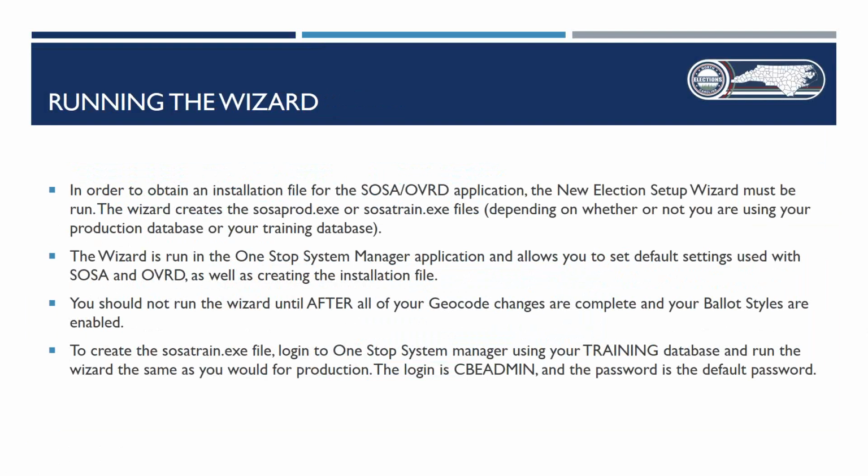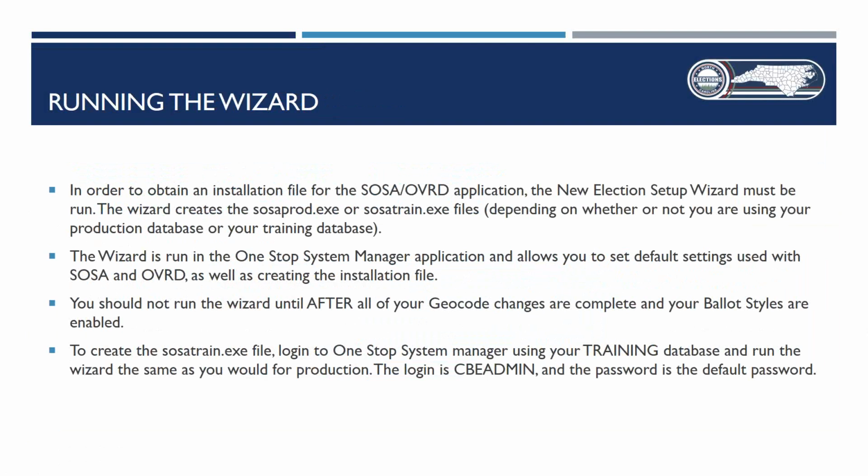You should not run the wizard until after all of your geocode changes are complete and your ballot styles are enabled. I think the majority of you know that already, but we can't stress that enough. If you have to make geocode changes after running the wizard, it's going to cause you a little more work trying to get all your machines updated.